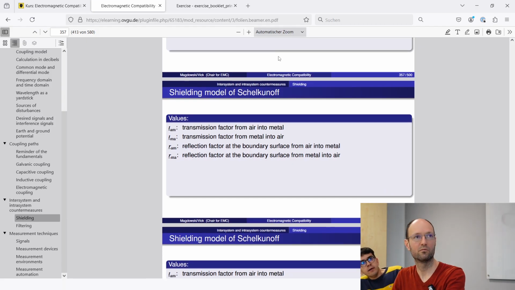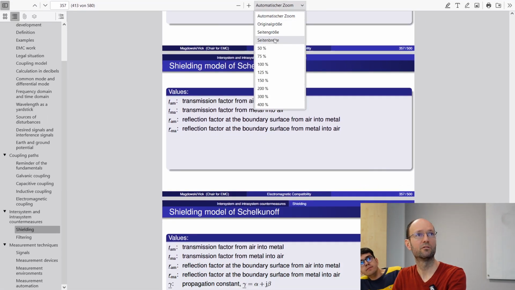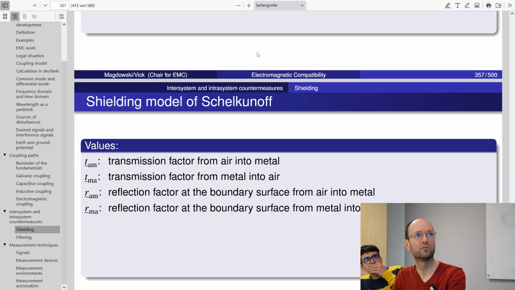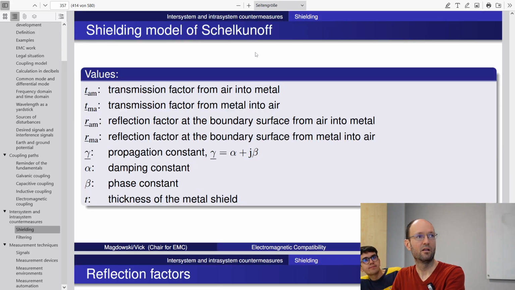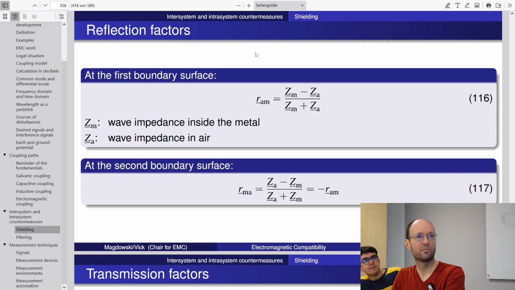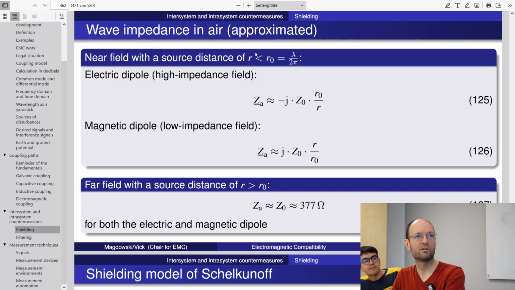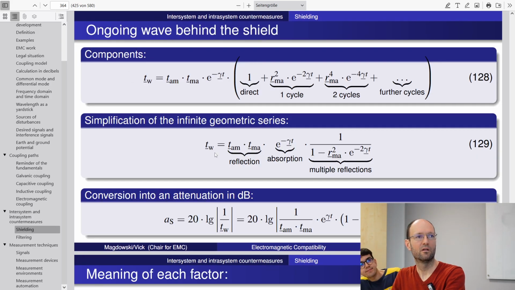Now I will go to full screen here and set this to page size, and scroll forward until we have the formula. Here we got the formula for the shielding attenuation.